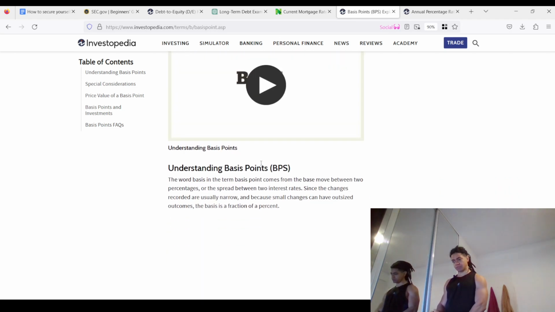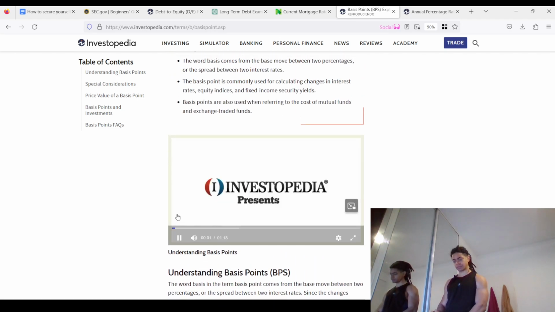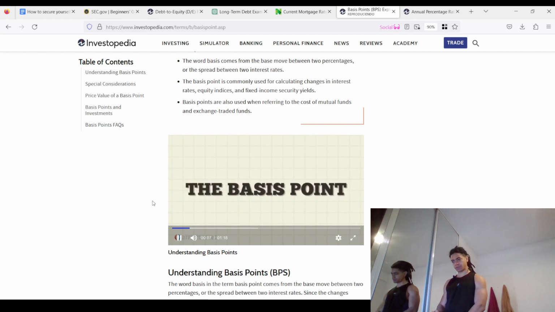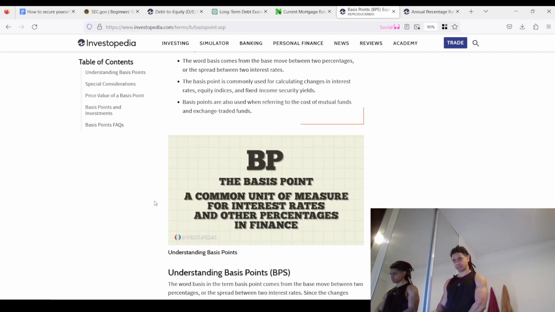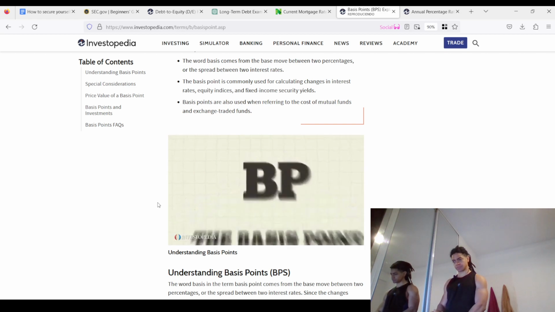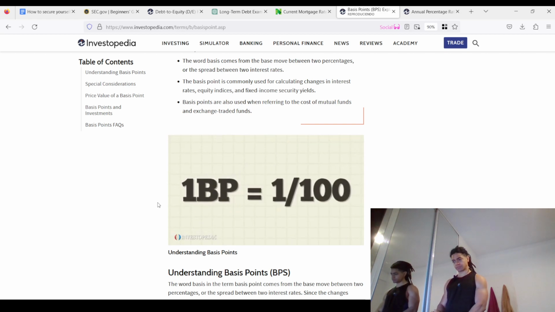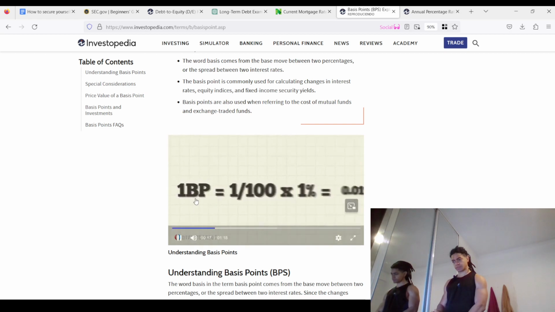Understand the basis point. The basis point, generally abbreviated BP, is a common unit of measure for interest rates and other percentages in finance. A basis point is equal to 1/100th of 1%, or 0.01%.